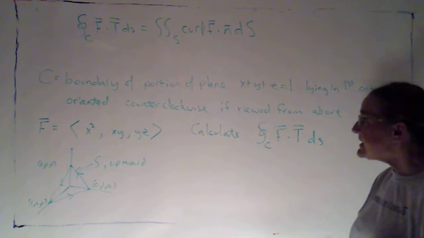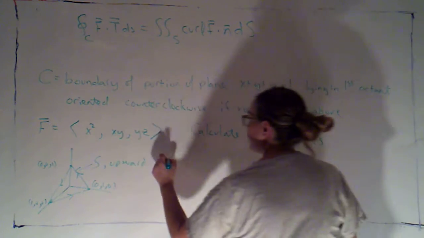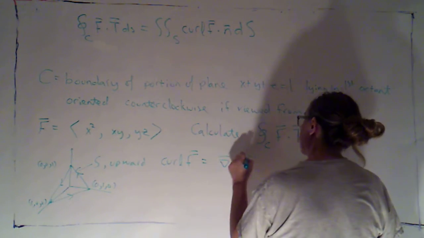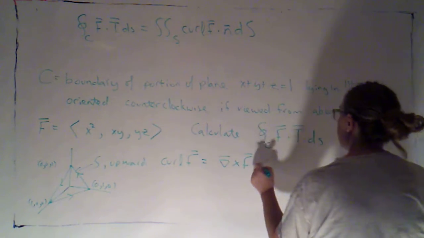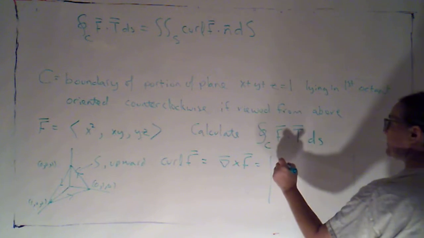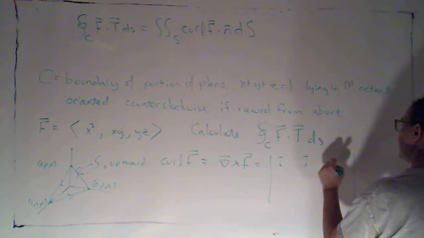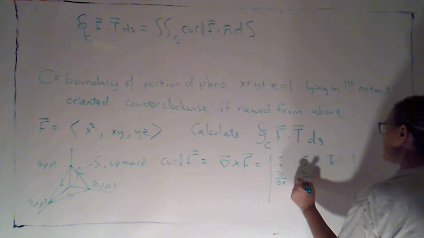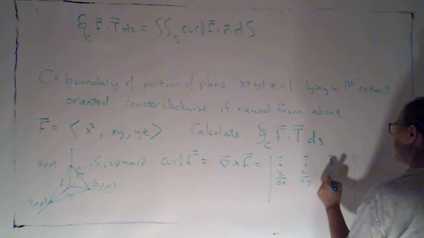Okay, so let's calculate the curl of F. Remember, curl of F is del crossed with F. So that's going to be the symbolic determinant i, j, k. The del operator has as its components the three partial derivative operators.